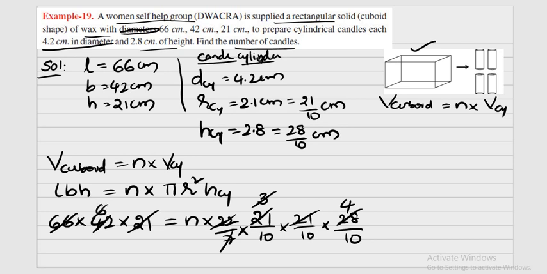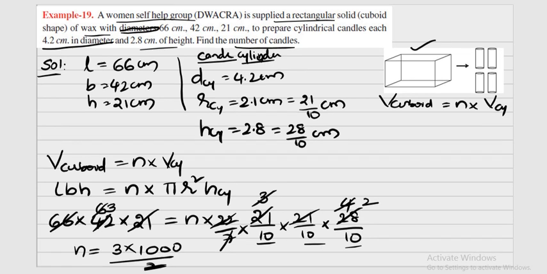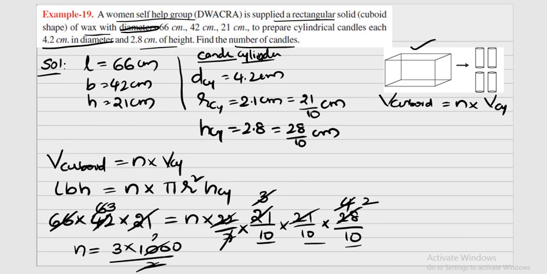One more thing, 2 3s are 6, 2 2s are 4, right? So here 2 times. So from this what I am going to get, n is equal to 3 into, here 10 into 10 into 10 is 1000 divided by 2. So this 1000 will go 500 times. So 3 into 500 is nothing but 1500. So this n is equal to 1500.